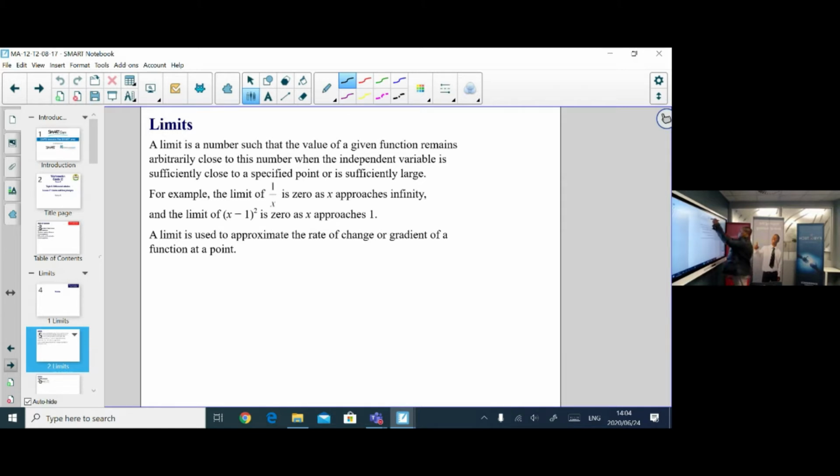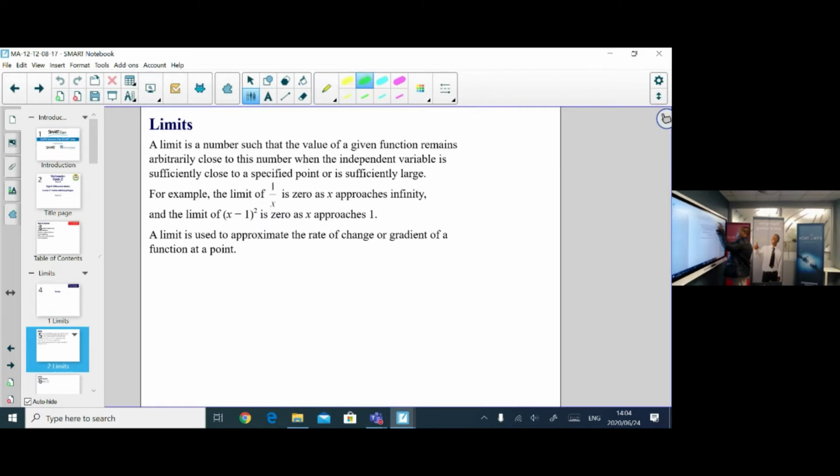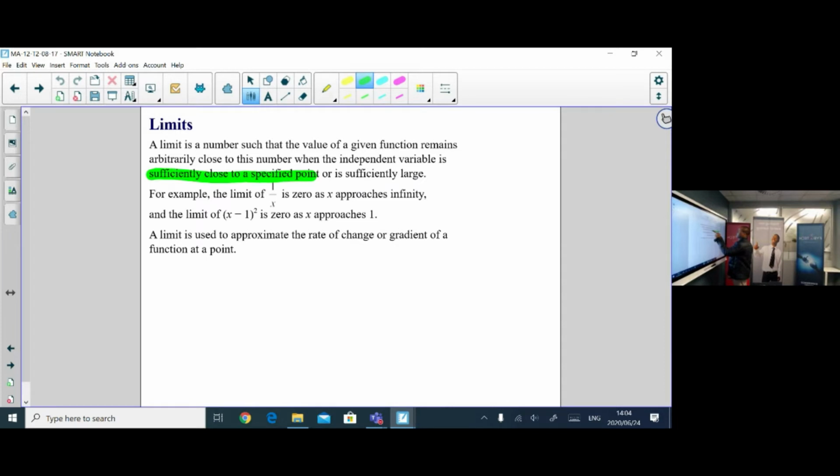For example, so I guess that you are picking the parts that are important. It must be sufficiently close to a specified number or point, or sufficiently large. For example, the limit of 1 over x as x grows to infinity becomes smaller, which will be 0.